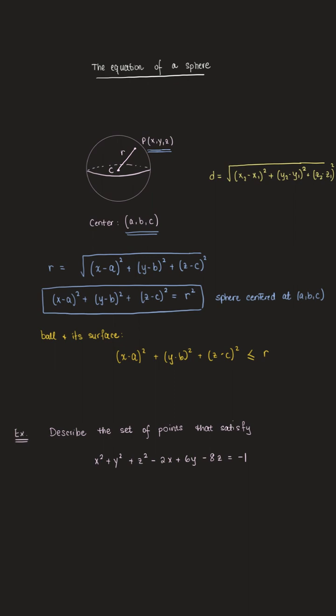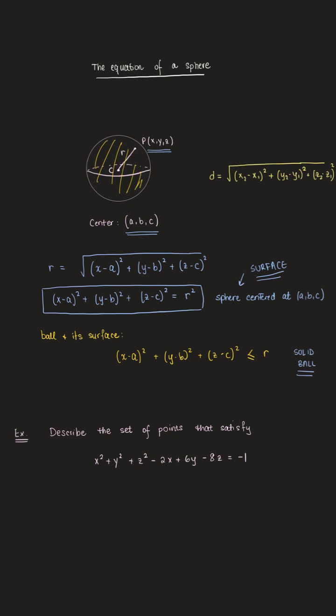And that's going to give us all of the points inside of the sphere in addition to the points on the surface. So all I needed to do was change the equal sign to a less than or equal to, to say I want all the points whose distance to the center is smaller than or equal to the radius. And that gives us a solid ball. And sphere means we're looking at the surface of the ball, as if we were going to wrap it with wrapping paper, just the surface.